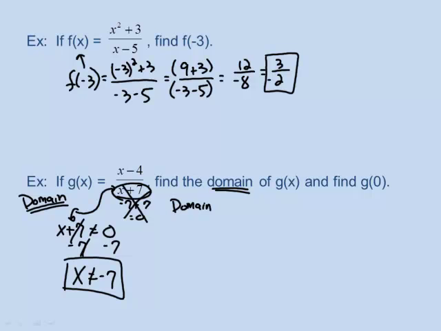Set builder notation says that the domain of this particular problem is represented by the variable x, such that x is a real number, but there's a restriction, and x cannot be negative 7.